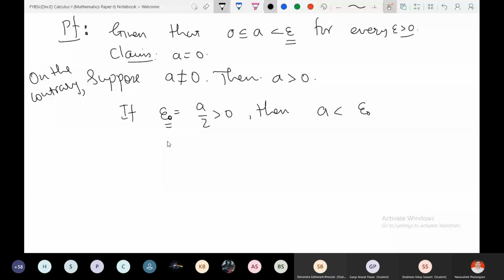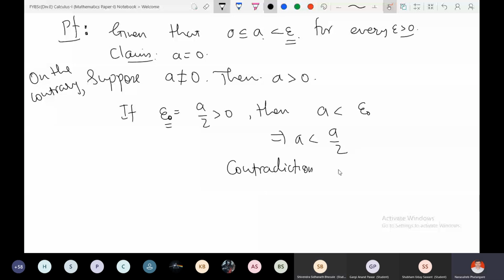Yes, sir. So this epsilon naught is also a positive number, and our given is that a is less than every positive number. So a is less than this positive number. That means a is less than a by 2, because our epsilon naught is a by 2. Is it true now? No, sir, contradiction.